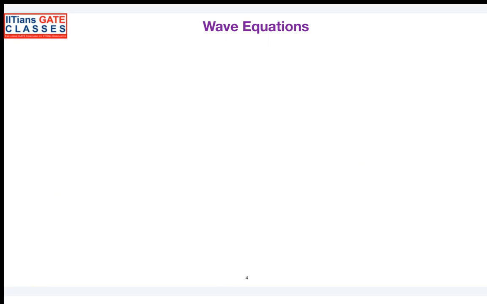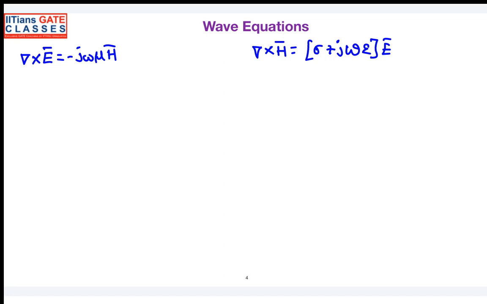So the first thing is curl of E is equal to minus j omega mu into H. And the other equation you got, curl of H is equal to sigma plus j omega epsilon into E. Right. Now I will apply one more curl on both the sides. So you can say minus j omega mu into curl of H. If I apply curl on both the sides, j omega mu is a constant and here it will be curl of H. So what is the expansion for this curl of curl of E?